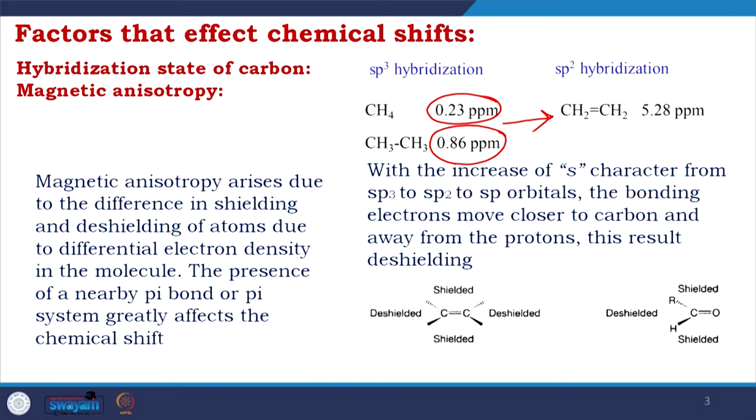If you see, this is a double bonded carbon here: above and below it is shielded, in the plane it is deshielded. Similarly, in a carbonyl, above and below it is shielded and at the side it is deshielded.